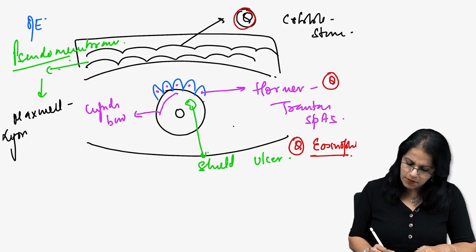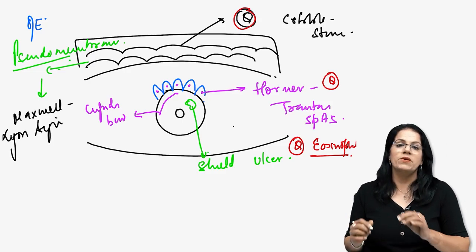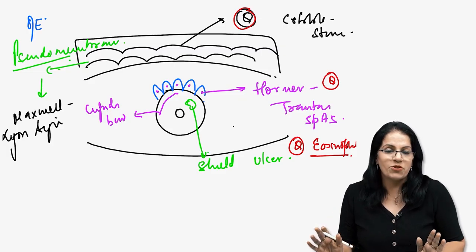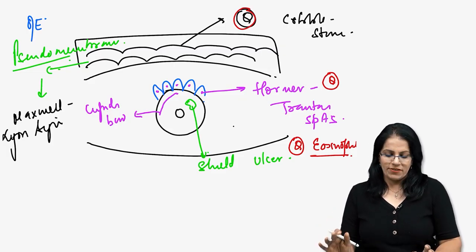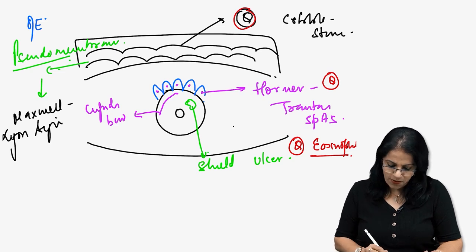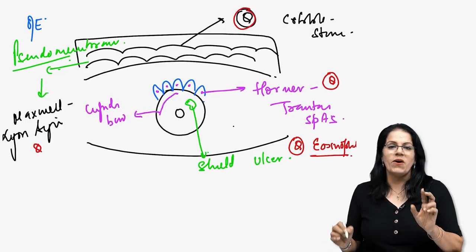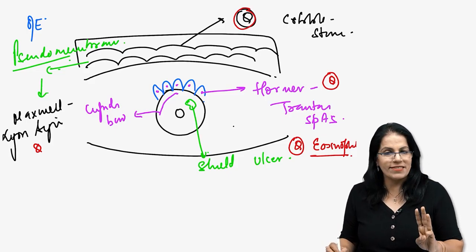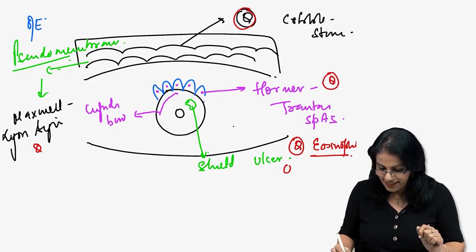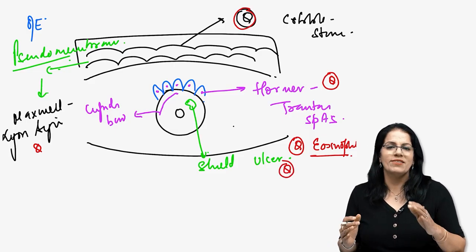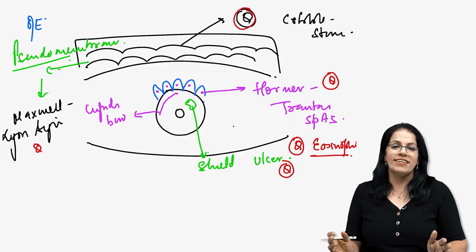Just remember, what is Maxwell-Lyons sign? You will say it is pseudomembrane formation on the cobblestone appearance. So, this is also a question. So many questions: cobblestone, Horner-Trantas, eosinophils, shield ulcer, and this one. Cupid's bow is not a question, but you have to know it.